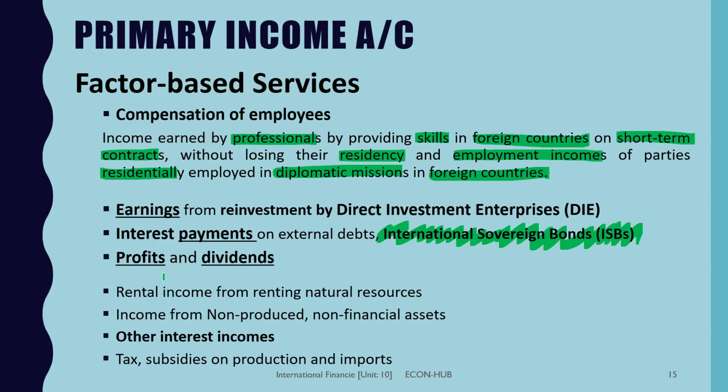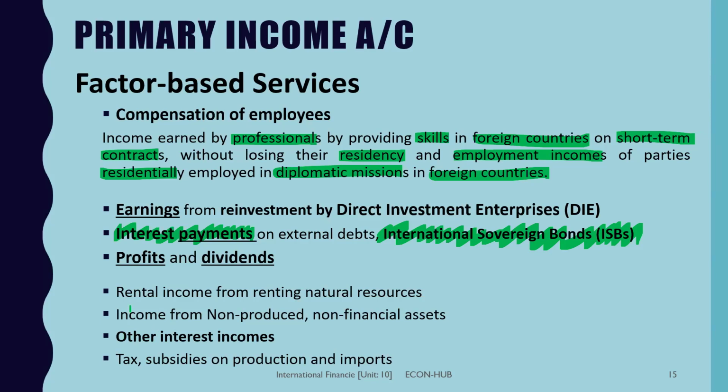Then profits and dividends. So interest payment is a big item now, right? Even though we haven't paid our ISB holders interest, it is a big item in the primary income account.